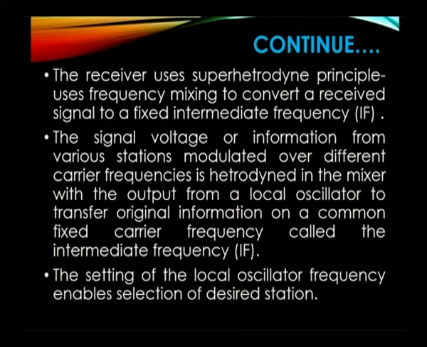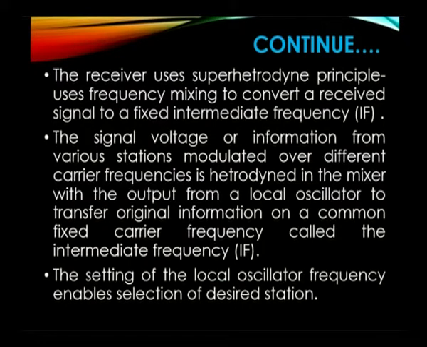In the mixer we mix with a different frequency signal, and the intermediate frequency is what we get from the mixer output. Setting of the local oscillator frequency enables the selection of the desired station. When we get the output from the oscillator, the frequency should match the station frequency, and then only will we get the desired channel.